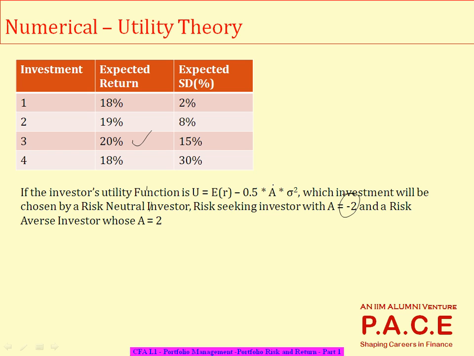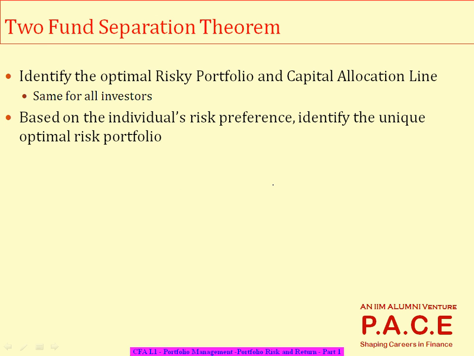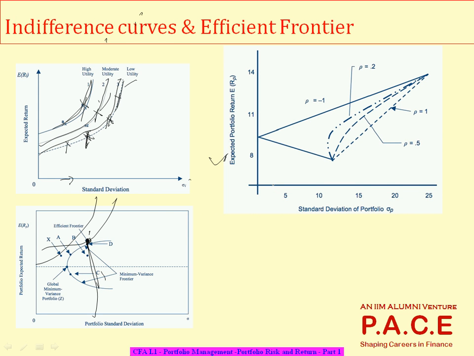Now what we are saying is, for that investor, whatever is that highest possible utility curve, when I superimpose it on the efficient frontier, wherever it cuts at the tangent, which is what is giving him the highest possible utility out of this efficient frontier, we say this is the possible investment.